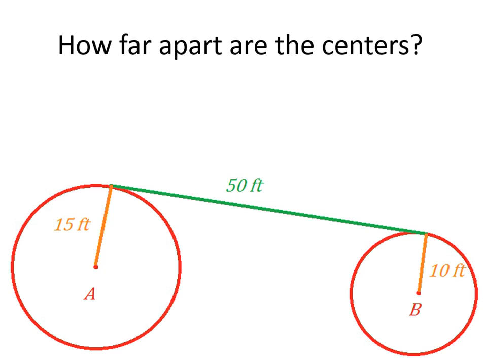What we want to do is find how far apart these two centers are. Take a minute and see if you can find it. That's a tangent line. That's 50 feet from point of tangency to point of tangency, and the radii are 15 and 10. Take a minute to find the distance between A and B. Answer's not 50.